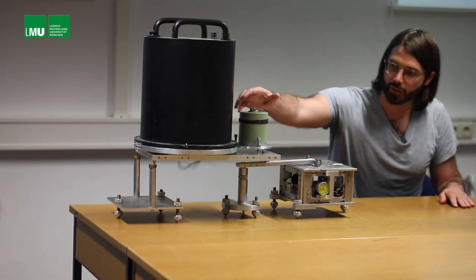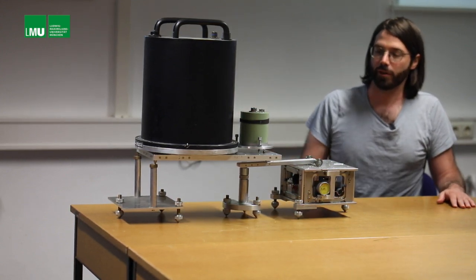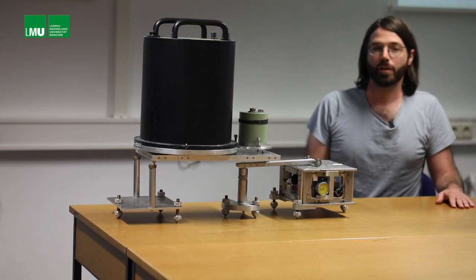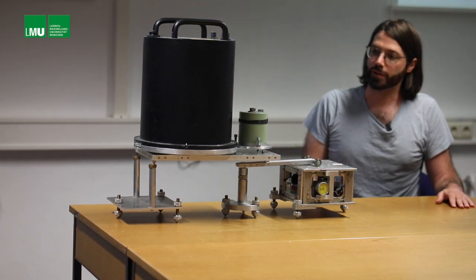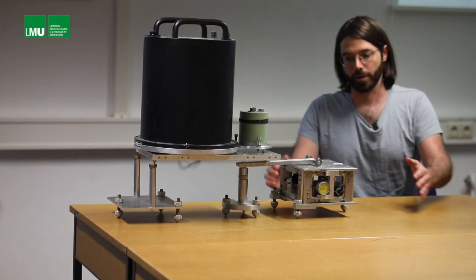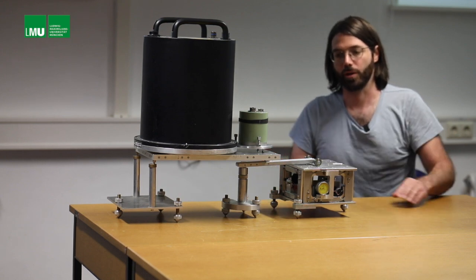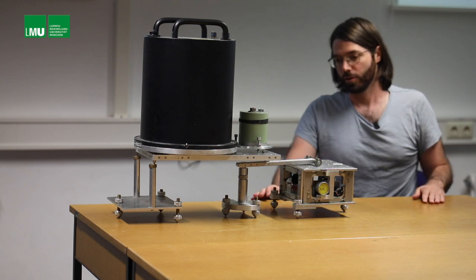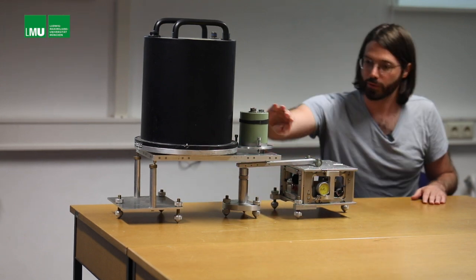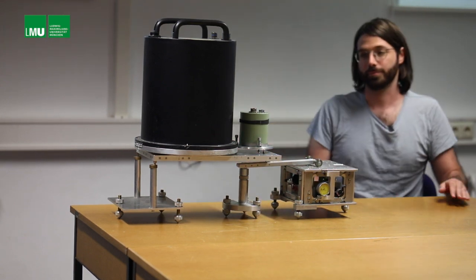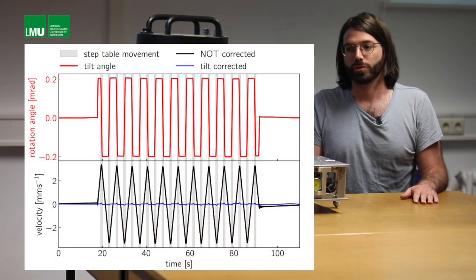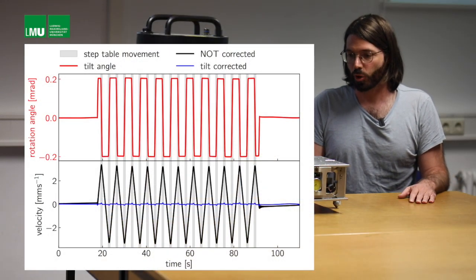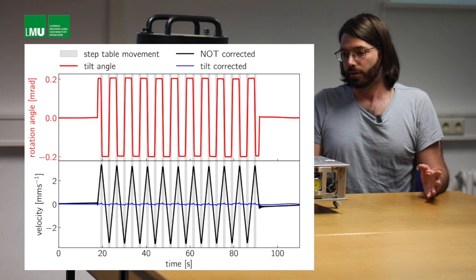So this is a classical Trillium Compact seismometer, and this is the rotational motion sensor BlueSeis-3A. And this is a step table, which simply goes up and down, and so introduces a tilt movement of this platform.